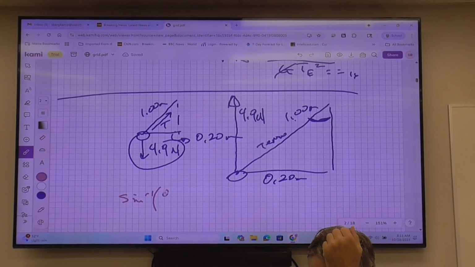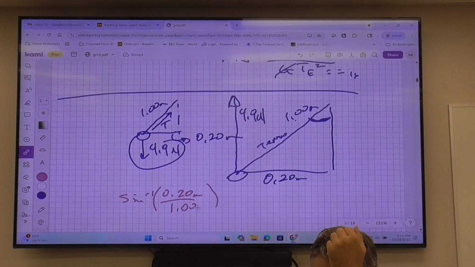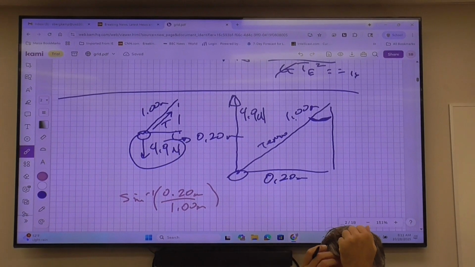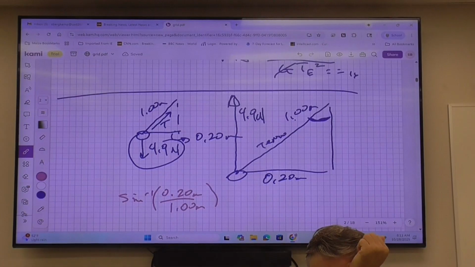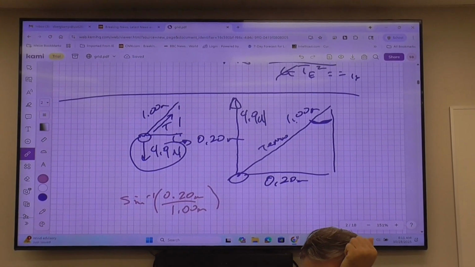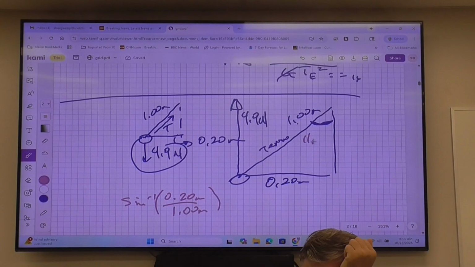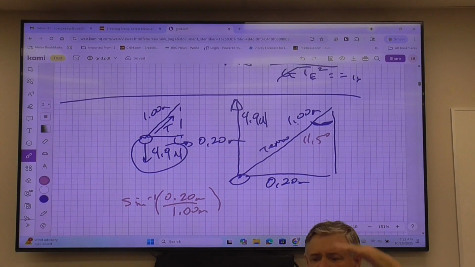So Gavin, get us this number. You were all excited about this. 0.54. So call it 11.5 degrees. Okay? So that angle in there is 11.5 degrees.